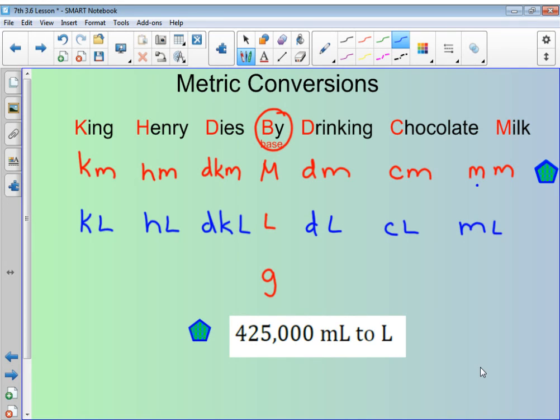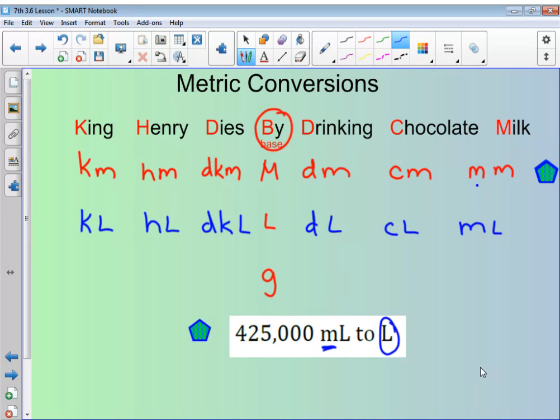I don't like to have to go through and rewrite them all the time, so I tend to write up one set and then just remember that although I might be working with liters or grams, as long as I have the meters there, I'm just using that front part to help me identify. Then I just have to remember that if it's the base part, it might be an L, a G, or an M, depending on what set I'm working with.